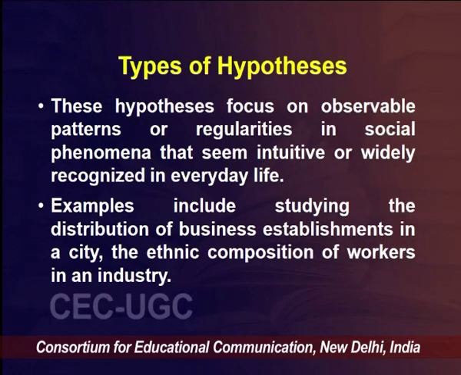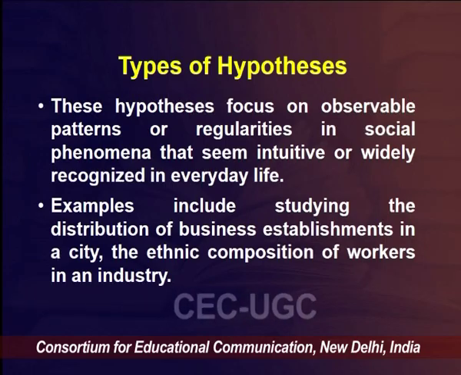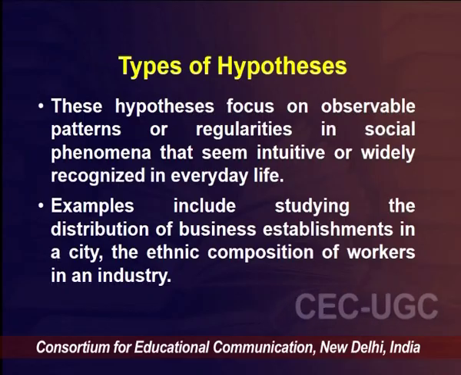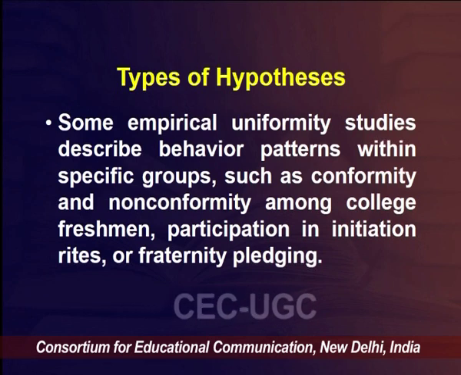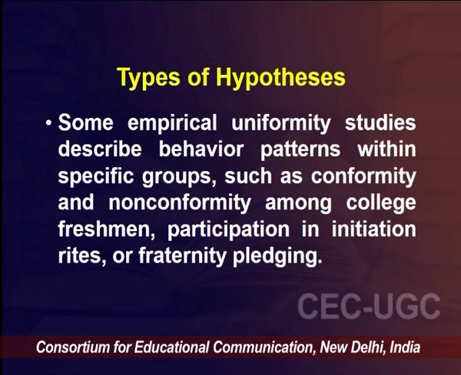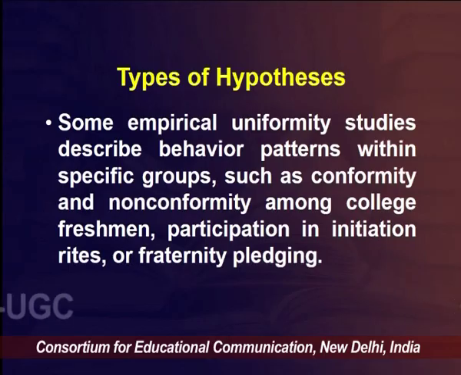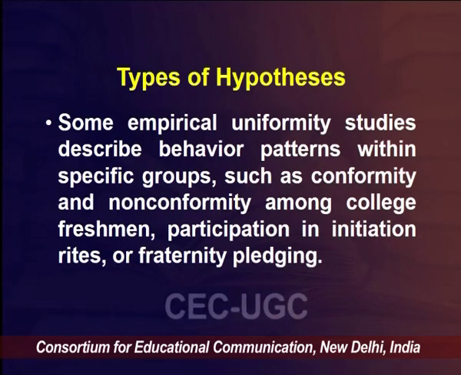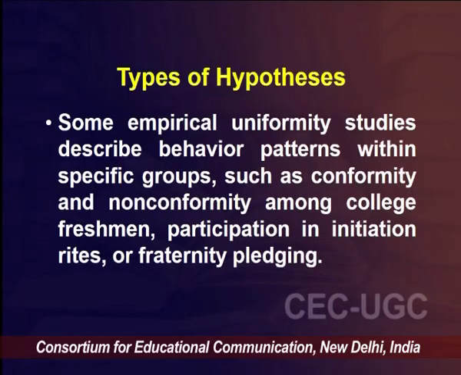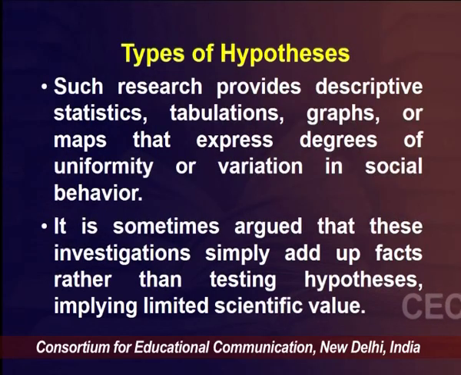For example, studying the distribution of business establishments in a city, the ethnic composition of workers in an industry. Some empirical uniformity studies describe behavior patterns within a specific group, such as conformity and non-conformity among college freshmen participating in initiation rites or fraternity pledging.